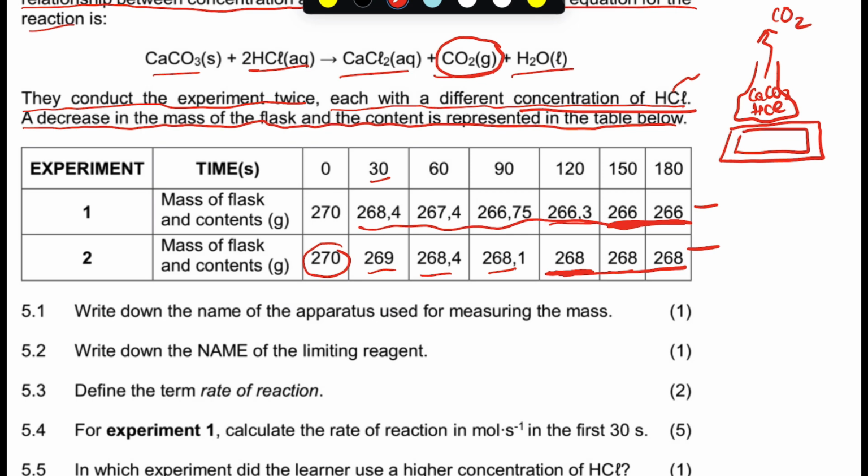The one done at a higher concentration of HCl is the experiment with the greater mass decrease. Look at 30 seconds: it was that, and it was that. Do you see this one? There's a greater decrease in mass compared to that one. Look at 60 seconds. The mass of that is smaller than this one. It's always smaller, right? So this experiment 1 has a higher rate compared to that one.